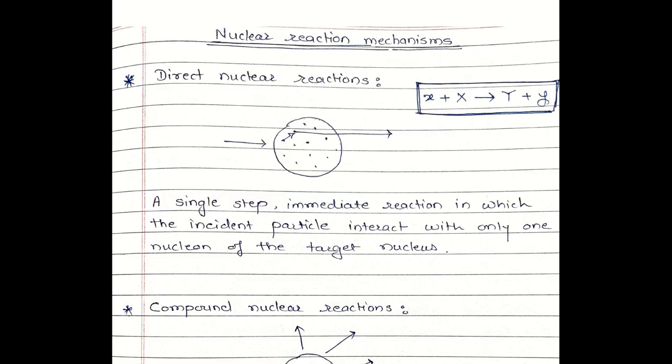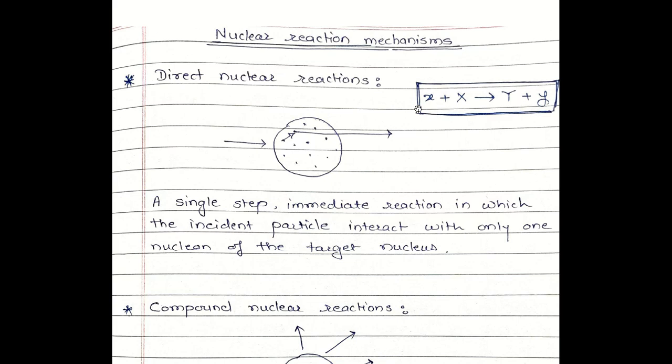Hello, dear friends. In our last session, we have seen various types of nuclear reactions. Depending on what we are getting on the product side, various nuclear reactions have been classified.